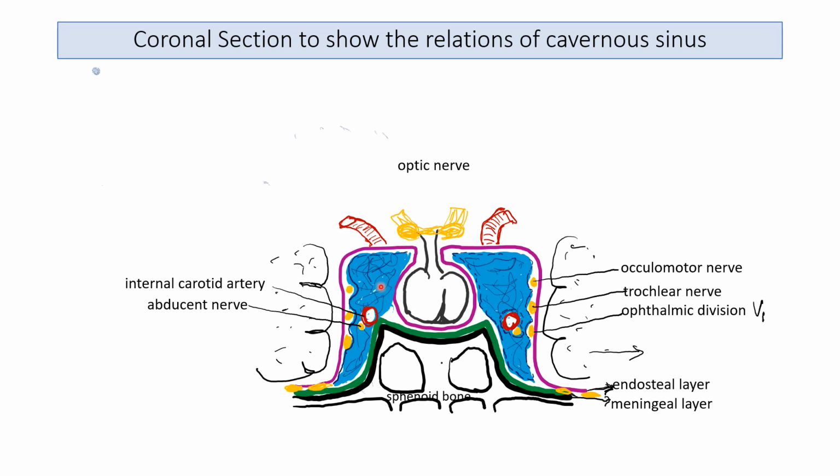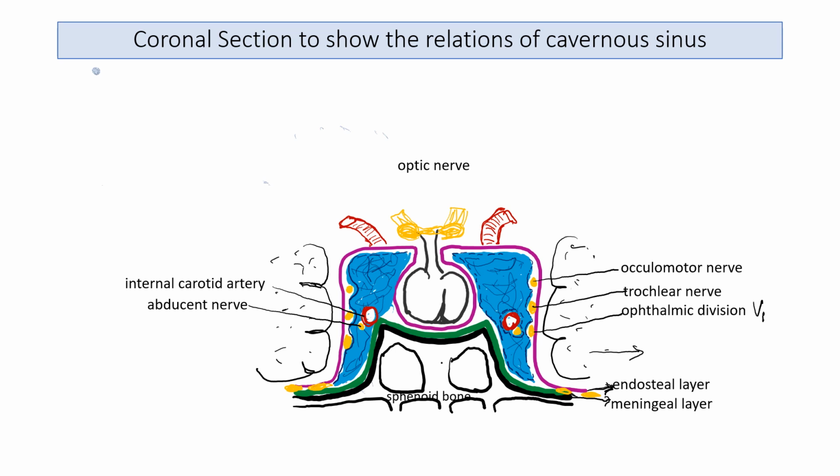Once the cavernous sinus is thrombosed, which means the blood is clotted in the cavernous sinus, because of the clotting there occurs back pressure.